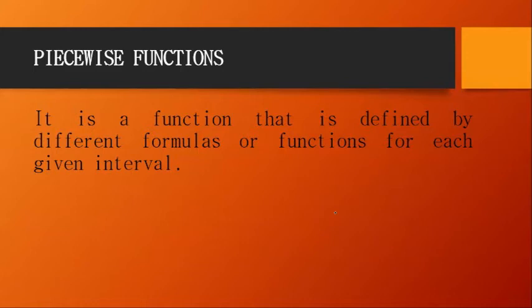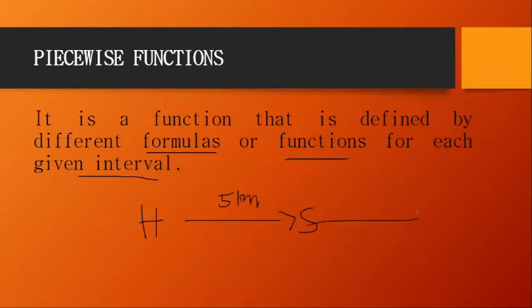Okay? Katulad ng nakalagay dito, for every given interval, meron tayong nabubuo na iba't ibang formulas or functions. For example, ang given interval natin is all about distance. So, for example, from your home to your school, that's 5 kilometers.